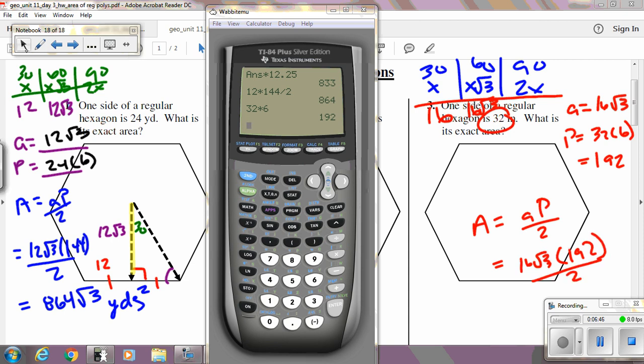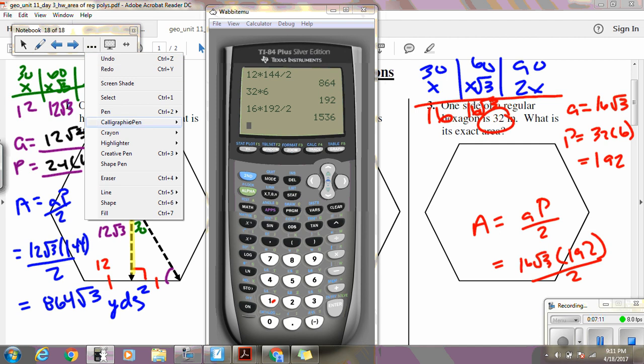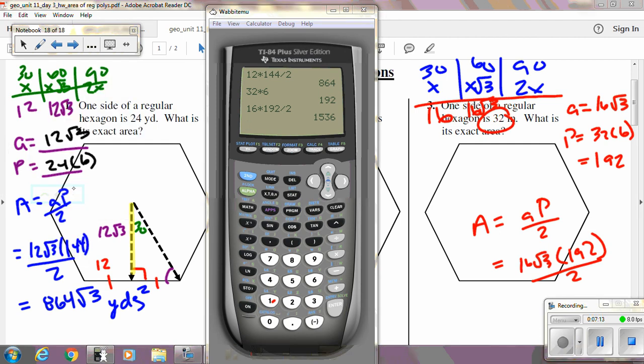Now again, when you grab your calculator, ignore the root. So 16 times 192 divided by 2. 1536. So the area is 1536 root 3 inches squared.